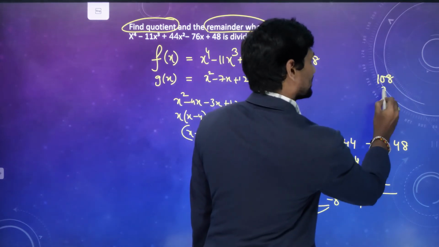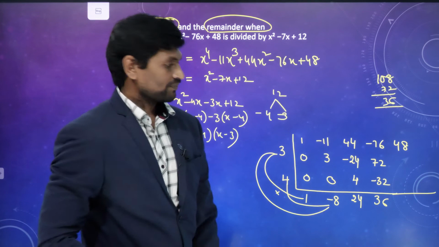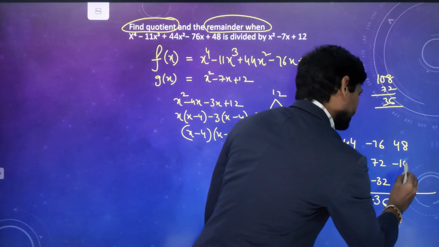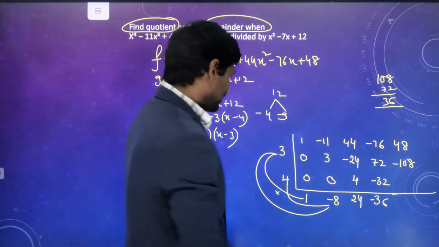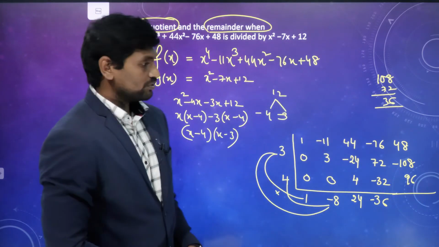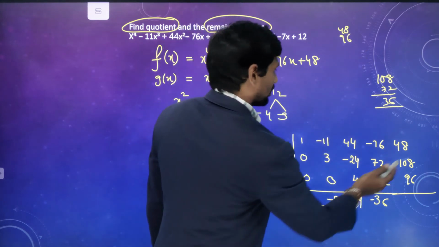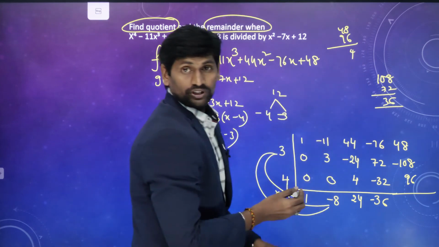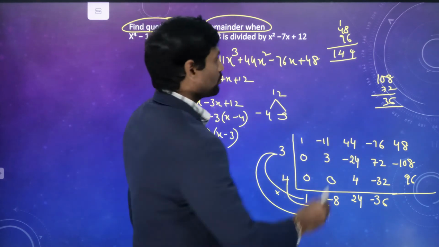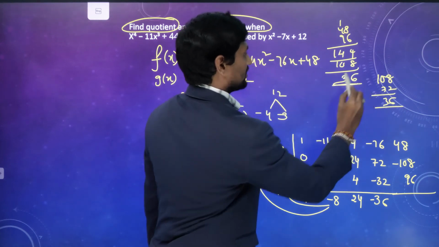So 108 minus 72 is 36. Okay, negative 36. Now 3 into 36 is minus 108, and 4 twenty-fours is 96. So positive values are 48 and 96, and the negative value is minus 108. So 144 minus 108, 36.